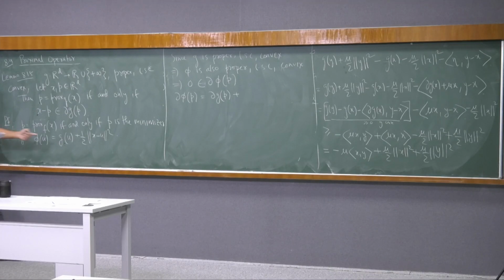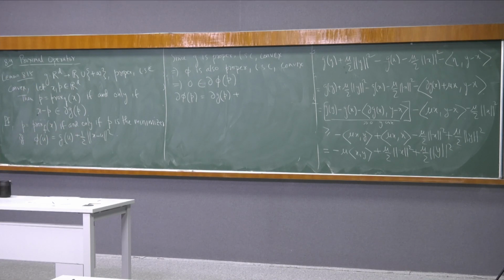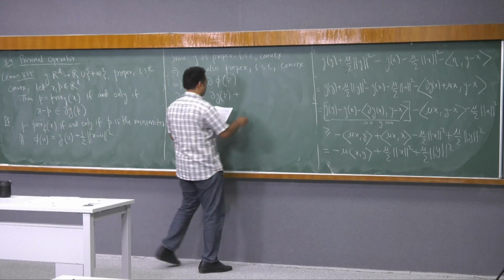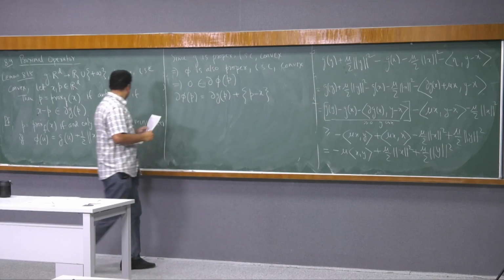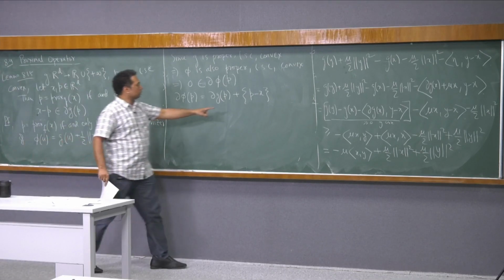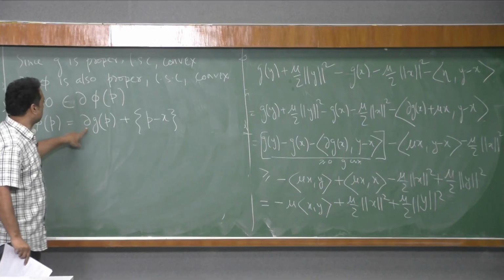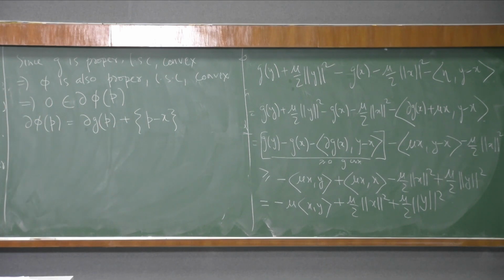So if we take the derivative of this, it is basically u minus x, and then in place of u I will put p. So it's plus p minus x. Because this term is differentiable, there is only one unique gradient. That's why we just write this as a singleton set, but this could be a set of derivatives. So then this means set addition. Okay.